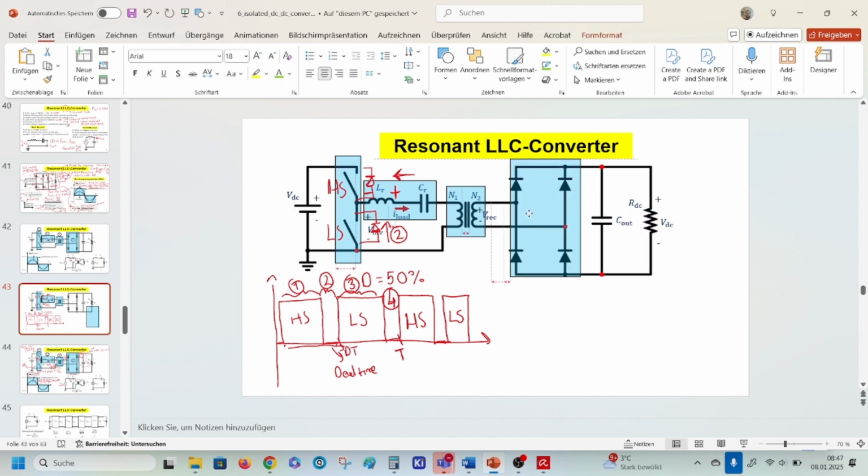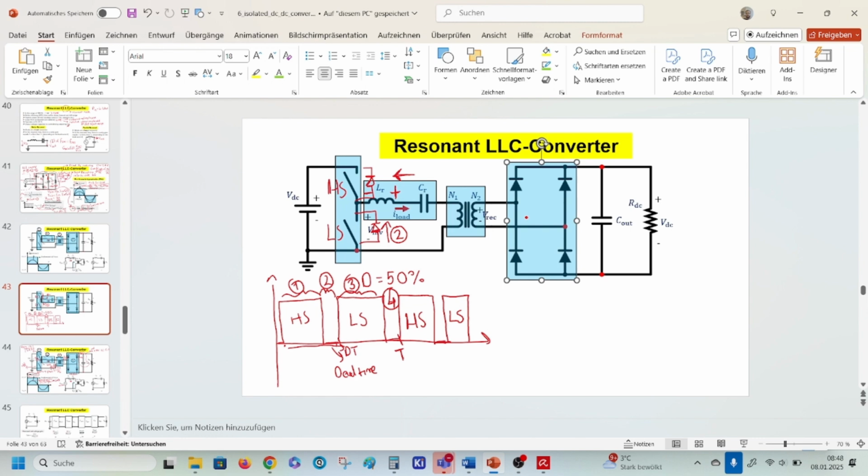Can you show one more time the current flow in phase 1 and 2? In phase 1, this is on, this is off. That means current is flowing in this direction. And if I switch off, there is an energy stored in this inductive and capacitive component.